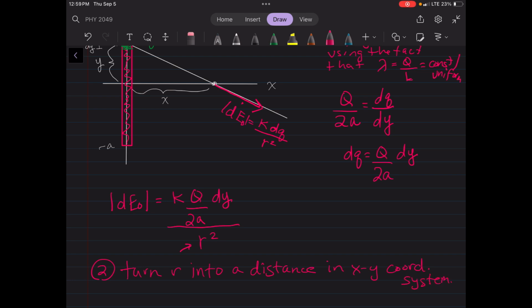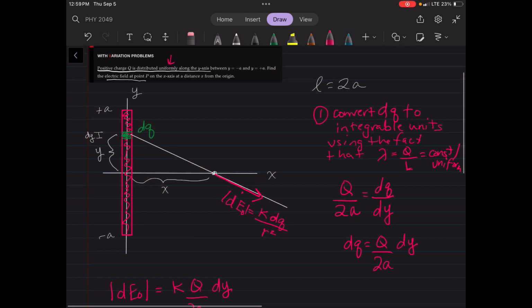Okay, well, we can do that quite easily. So what is r? Where is r on this picture? Remember, r represents the distance between the charge creating the field and the location that we want to know the field. So r is the hypotenuse of this right triangle.